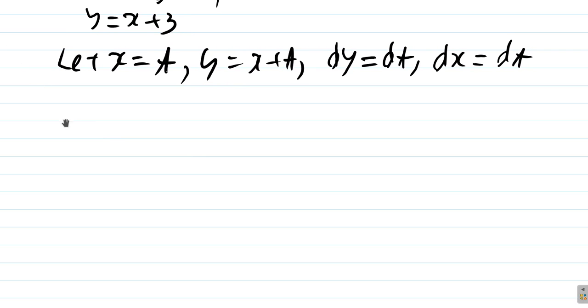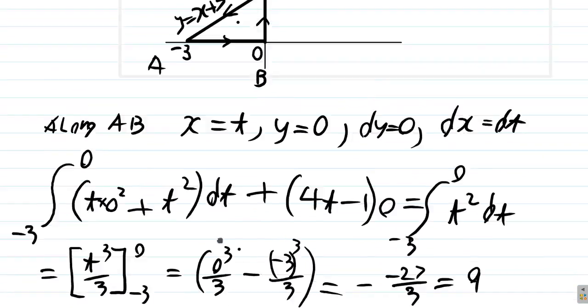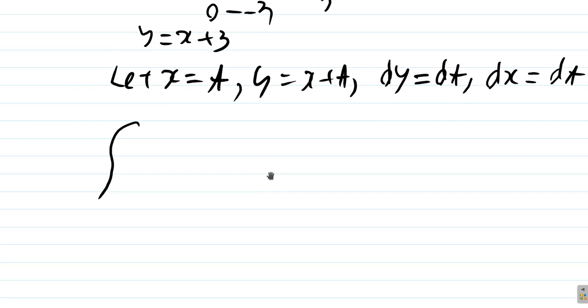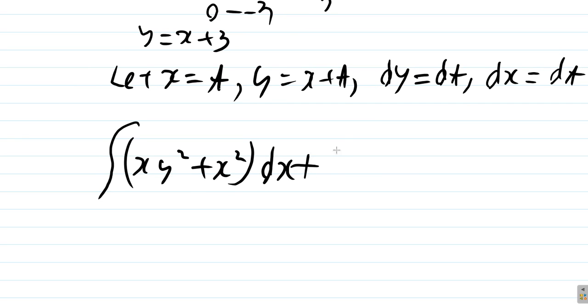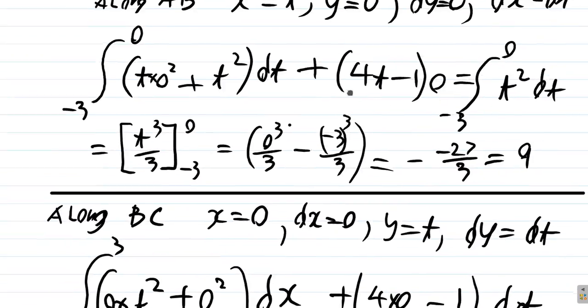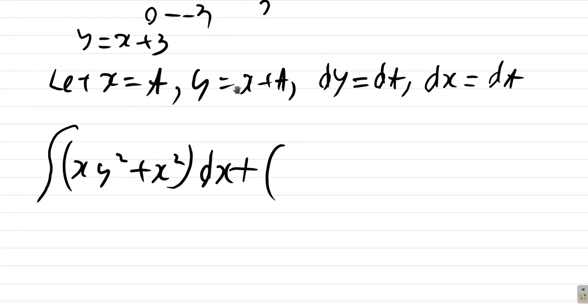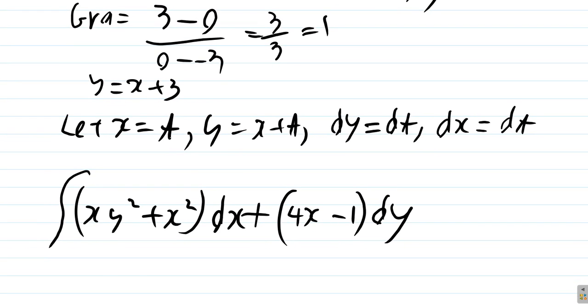Now, we're saying that the integral of, let me repeat this, xy squared plus x squared dx, plus 4x minus 1 dy. Alright, now we want to change this up. X is t.